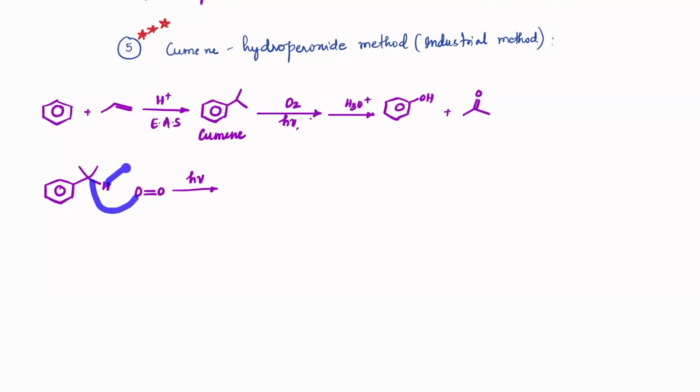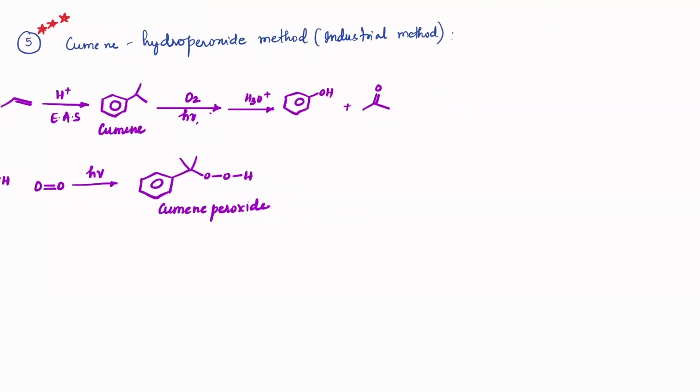The O radical and the carbon radical connect from these two ends, and that forms an intermediate where you have O, O and H. You can see a peroxide is formed from cumene, so that's why it is called cumene hydroperoxide.